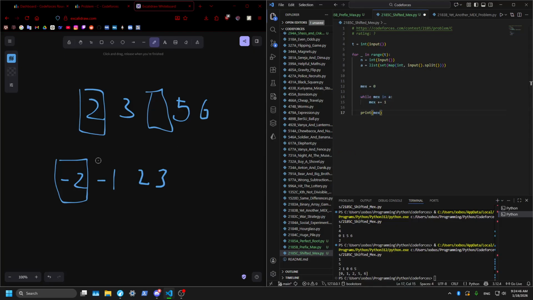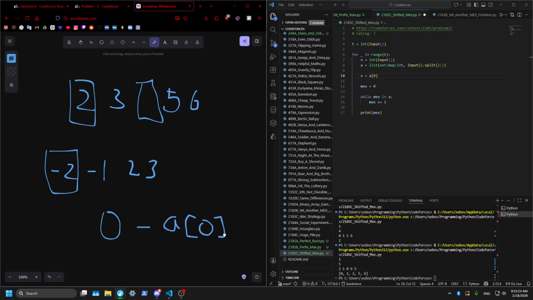Now, we basically just want to make the first index 0. X equals 0 minus A0, right?